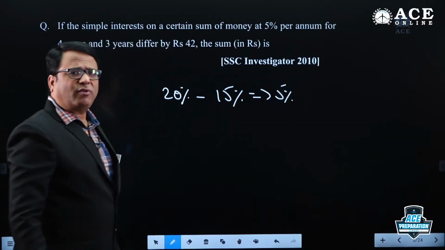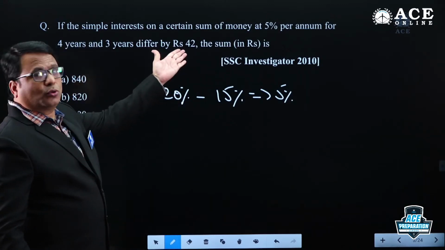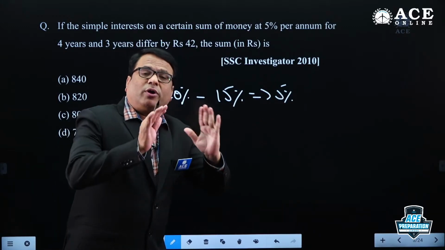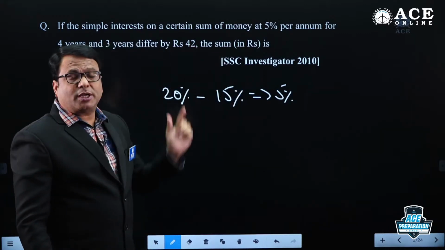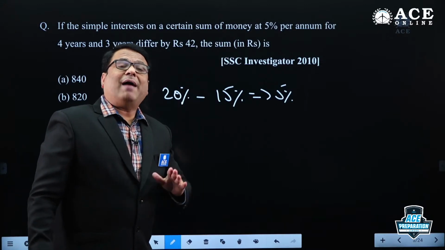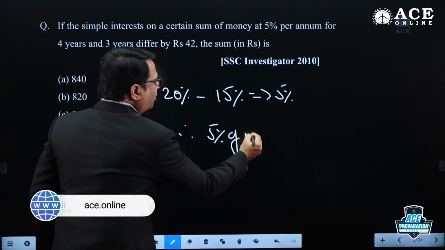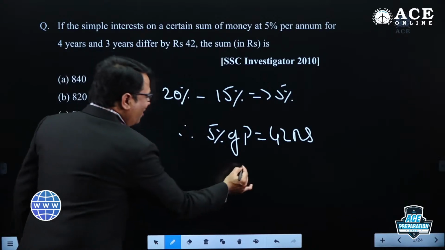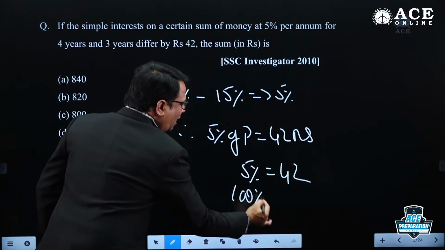But in the problem, the difference is given as 42 rupees. This 5% is the difference between 4 years interest and 3 years interest, and this 42 rupees is also that difference. And therefore 5% of principal equals 42 rupees. Now, 5% is 42, 100% is how much?